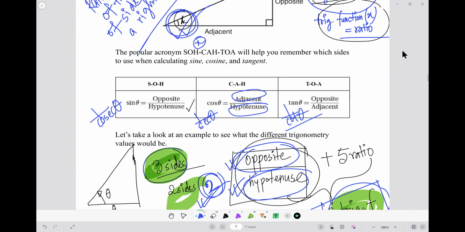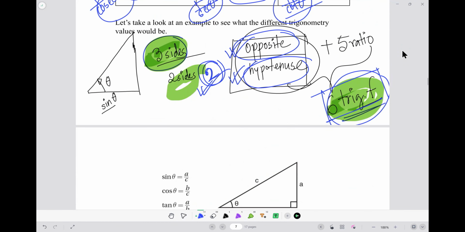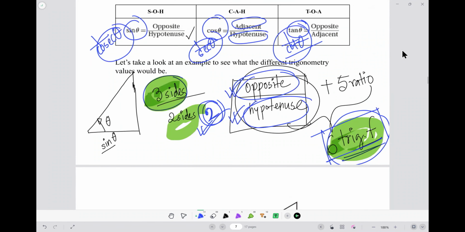There are six types: the sine, cosine, tangent, secant, cosecant, and cotangent functions. Did you get it? Yeah. Okay, all right.